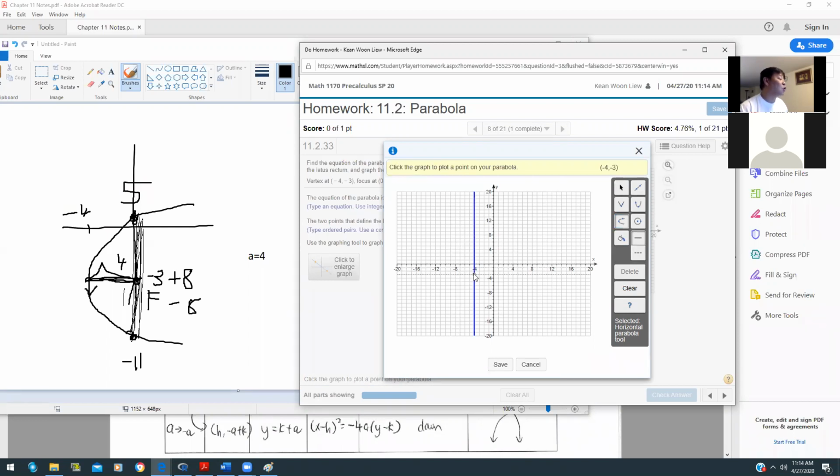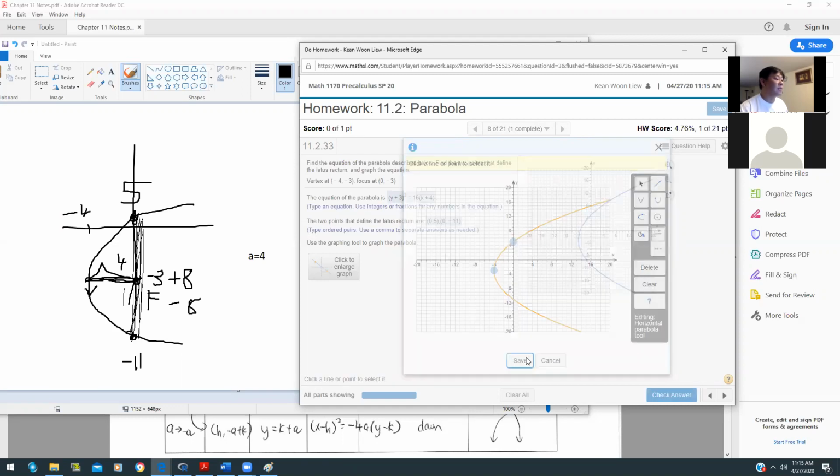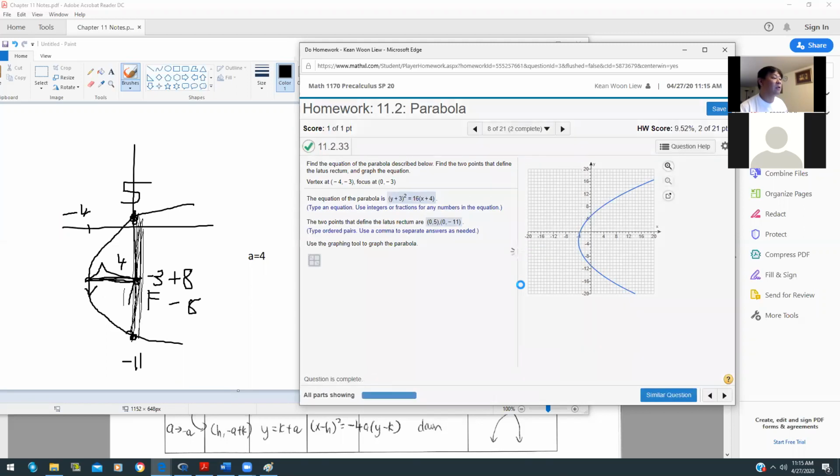Next, you don't graph your focus point, you graph the coordinates of your latus rectum here. So it will be at (5, 0), or you can do (-11, 0). One of those. So you save this, and this is how you graph your parabola in this case.